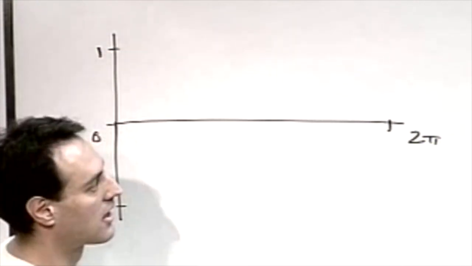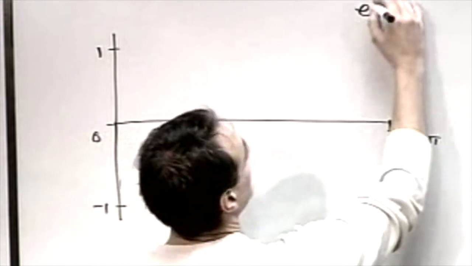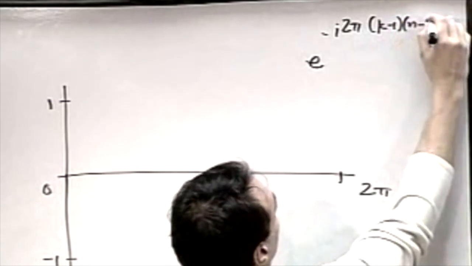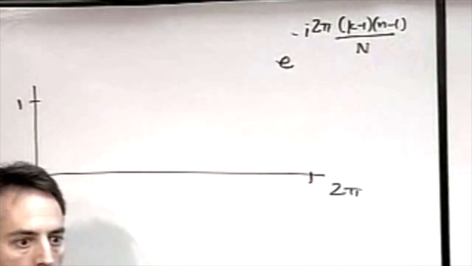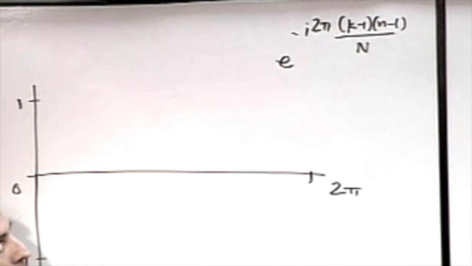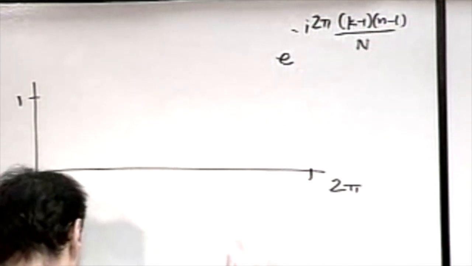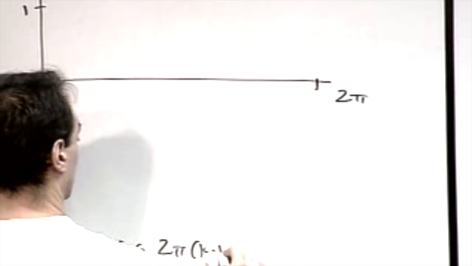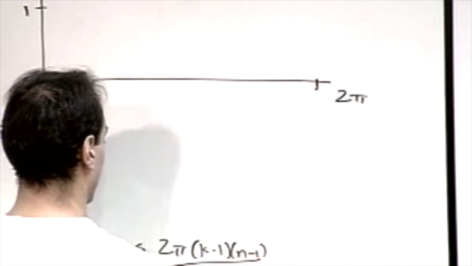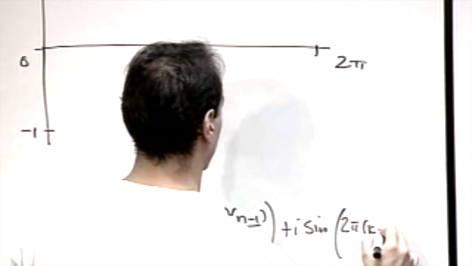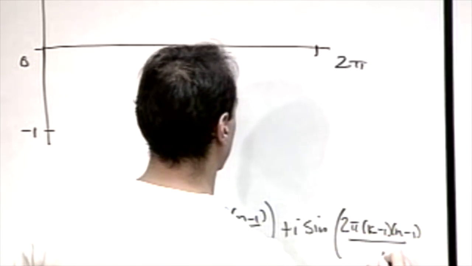And our basic function is this e to the i 2 pi (k minus 1)(n minus 1) over N. Now, if you were to write out the first few modes of this thing, for different k and n values, the basic solutions are, this thing here is nothing more than cosine of 2 pi (k minus 1)(n minus 1) over N plus i sine 2 pi (k minus 1)(n minus 1) over N.